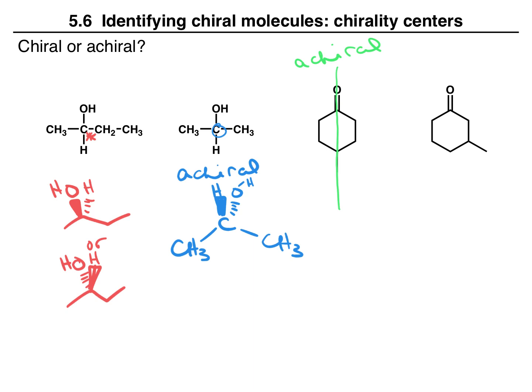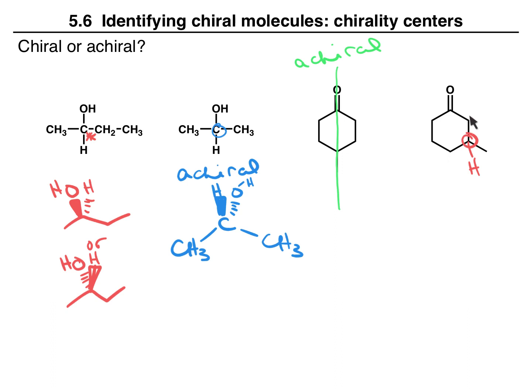And if we look at our fourth example, focusing on this carbon, it's connected to a hydrogen and a methyl group, and it's connected to a CH2 and a CH2. But we don't stop there, because this CH2 is connected to another CH2, whereas this CH2 is connected to a carbonyl.